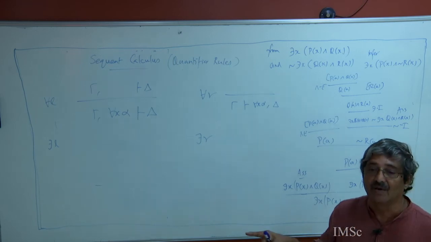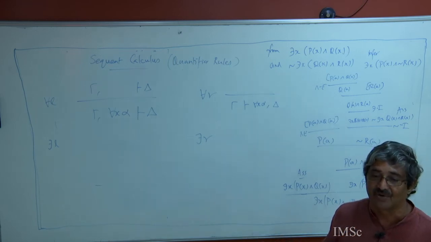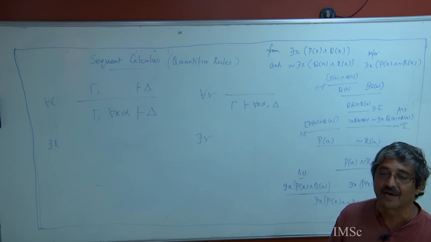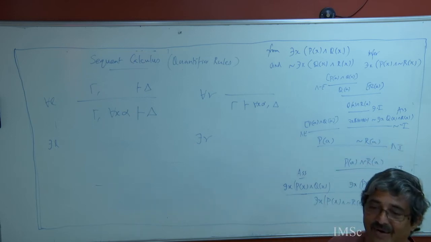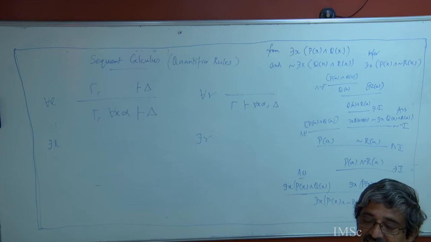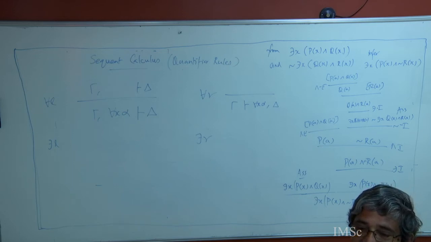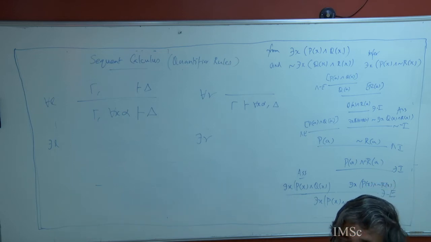The only rule in the sequent calculus that does not have the subformula property is which one? Does anyone remember? Ananya is wanting to say something. Yes, Ananya? The cut rule.